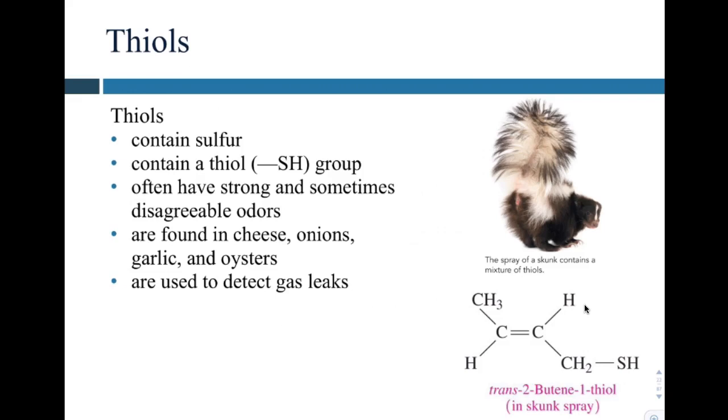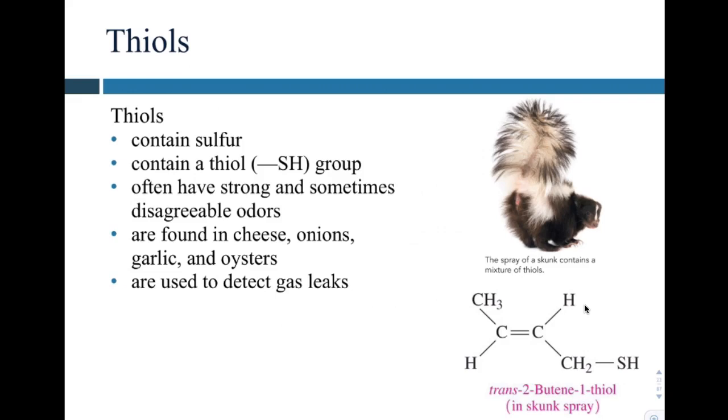We insert a thiol compound into our gas lines so that you can detect if you have a gas leak, but methane itself doesn't have a smell. People were dying with gas leaks because they couldn't tell that the gas was leaking, so we added this to the gas lines.